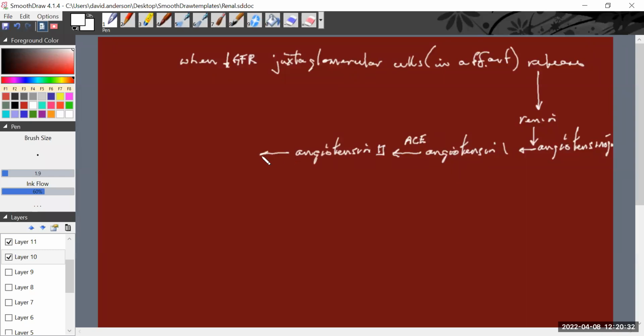And angiotensin 2 is a very good vasoconstrictor. Vasoconstriction is going to increase pressure in blood vessels, and the increased pressure will increase glomerular filtration rates.